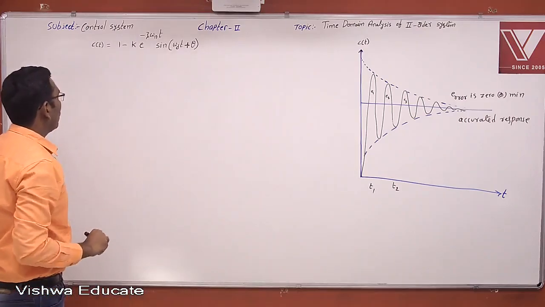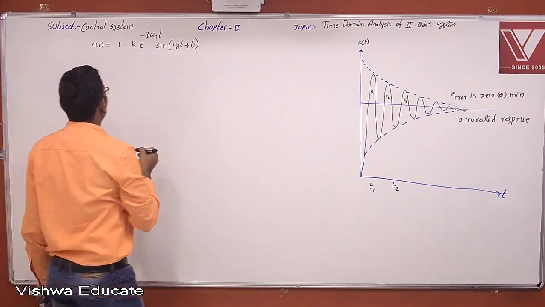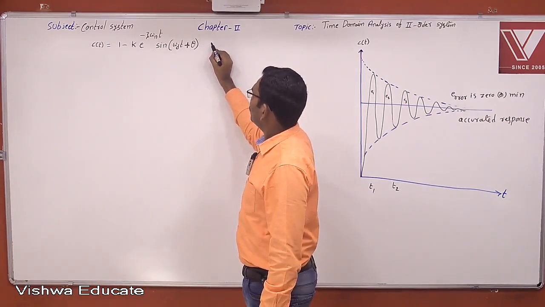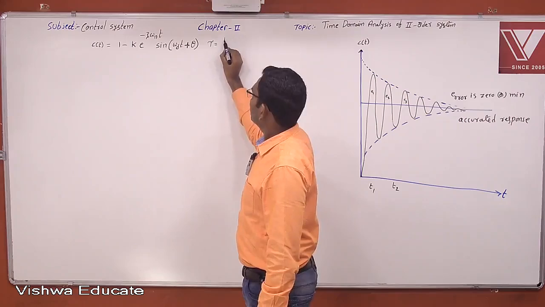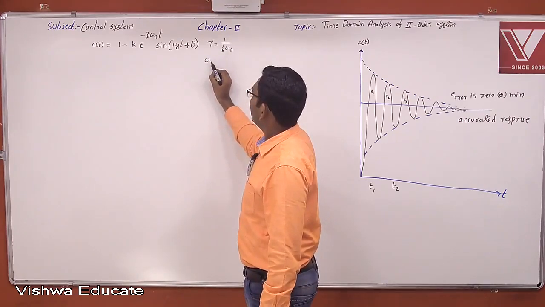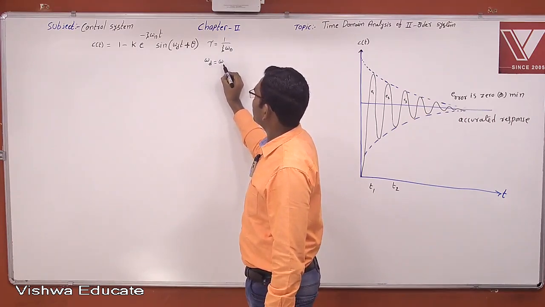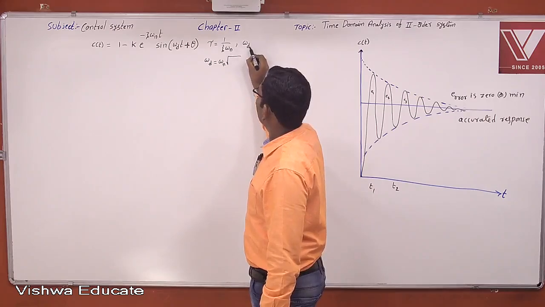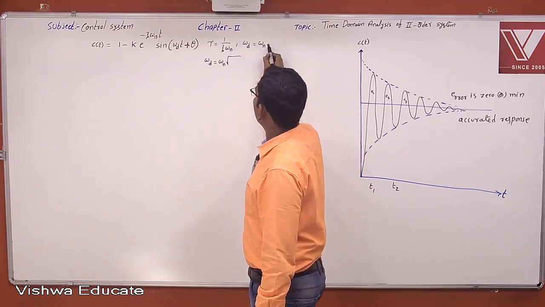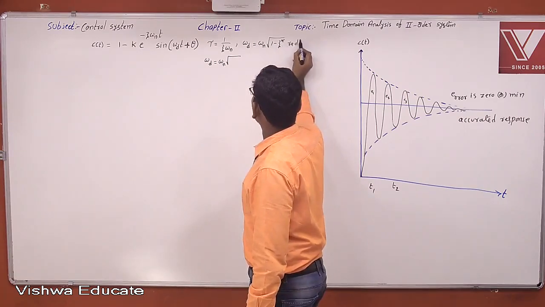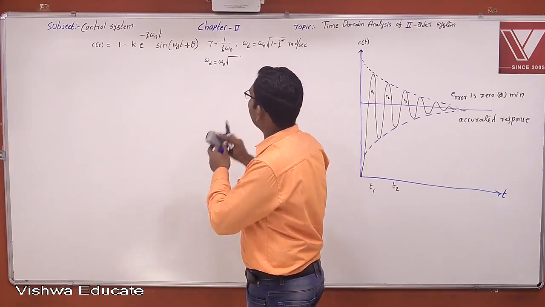This is the unit step response of a second order closed loop control system in the underdamped case, where the constant is 1 by square root of 1 minus zeta square, and you know omega d, the damped frequency of oscillations, is omega n into square root of 1 minus zeta square radians per second. Theta value we will see.